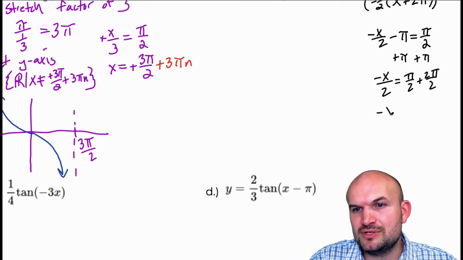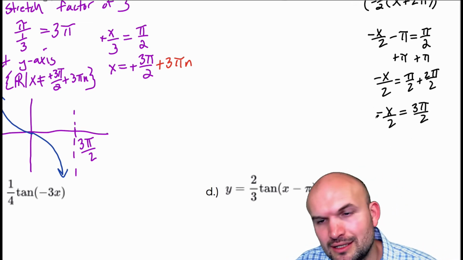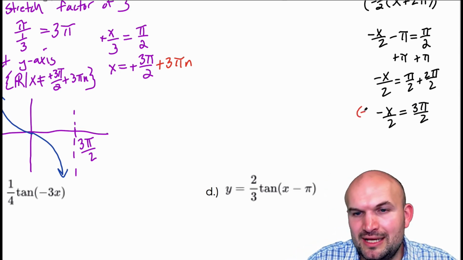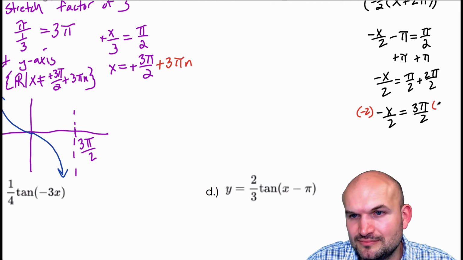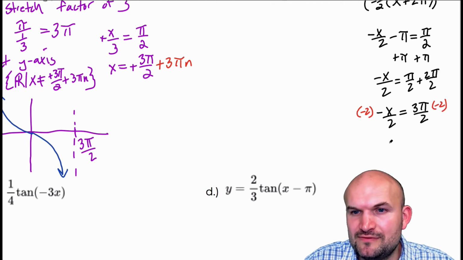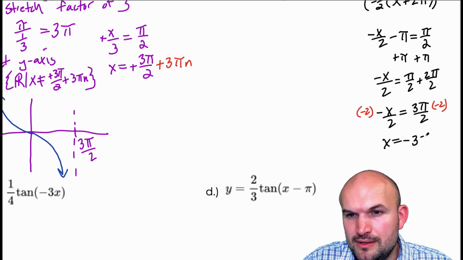Therefore, I can add these up. So I get negative x over 2 is equal to 3 pi halves. And then you could just divide out the 2's, or mathematically, we'd want to multiply by a negative 2 on both sides.